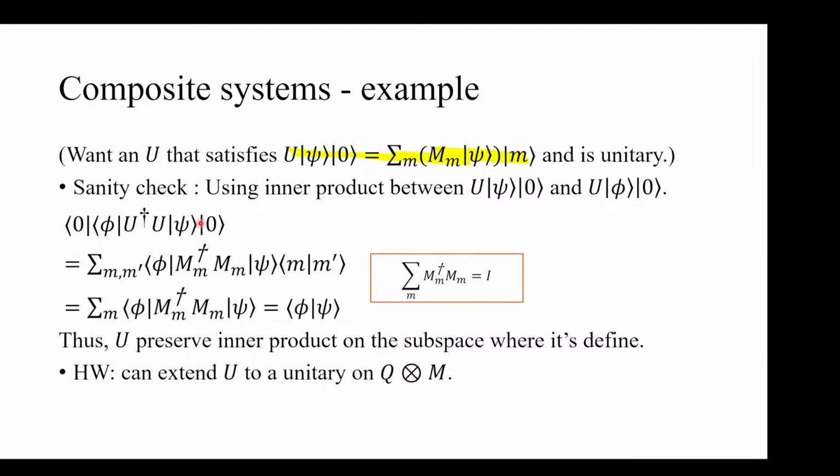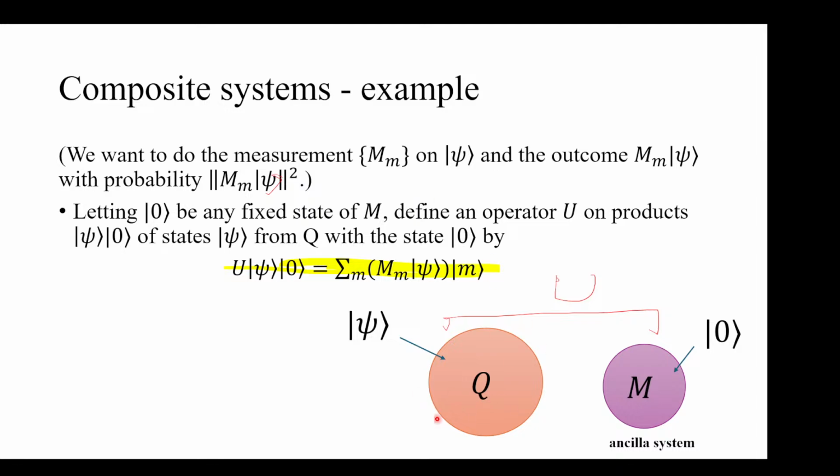Here we don't do the whole proof that this U exists; we do a sanity check. We want it to satisfy this equation and be unitary. We know that if U is unitary, then U preserves inner products. So we check whether U preserves inner products on different starting states, meaning different states to be measured on Q.